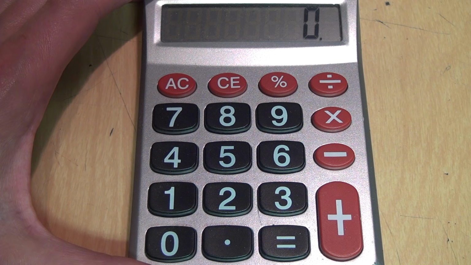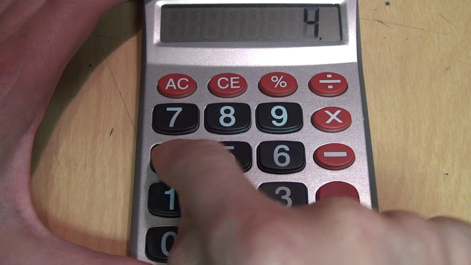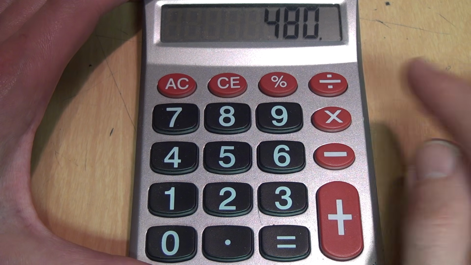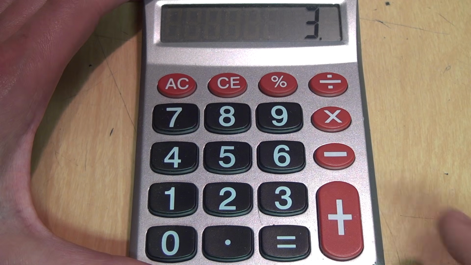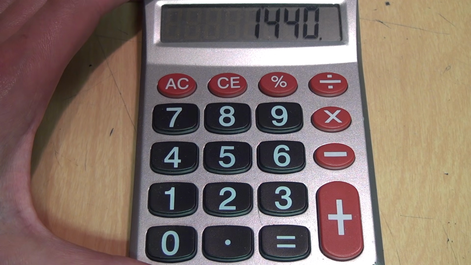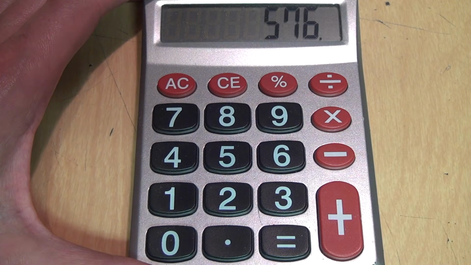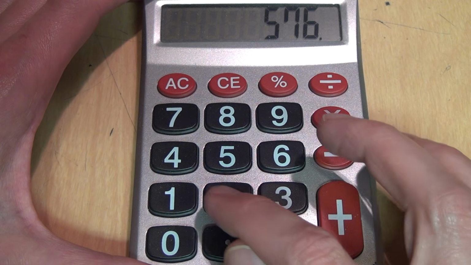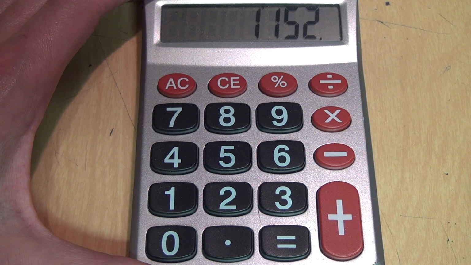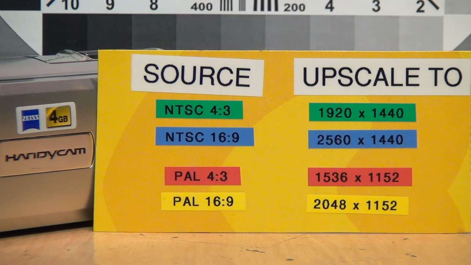I chose 1440p because standard definition NTSC video is 480 pixels high, and if you multiply that by 3, you get 1440. Or if you're using PAL video, which is 576 pixels high, you can multiply that by 2 to get 1152, which is not really a standardized resolution, but it does work and will get you that higher quality encoding.